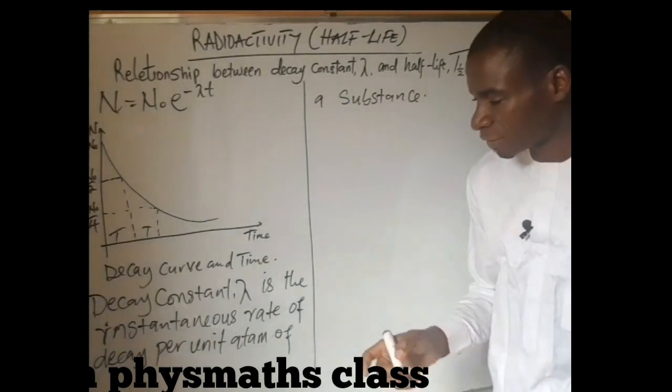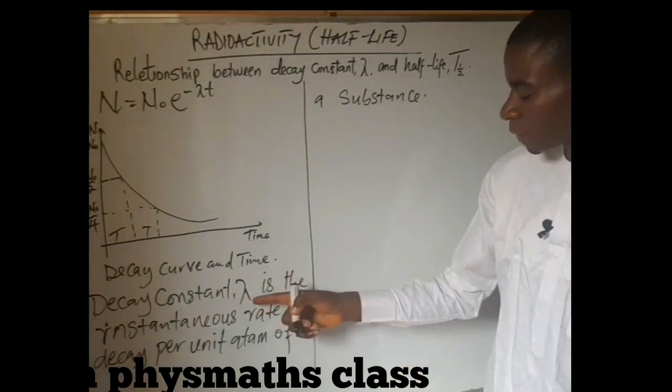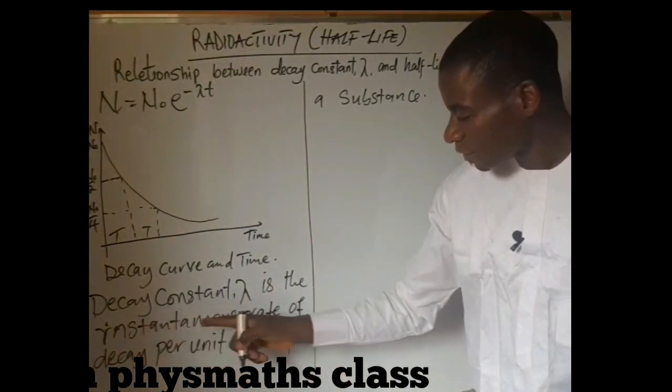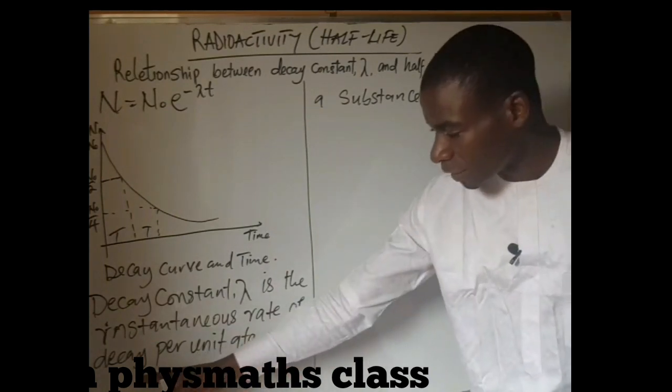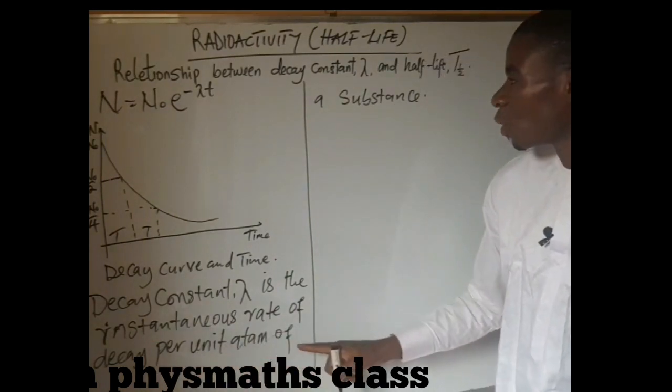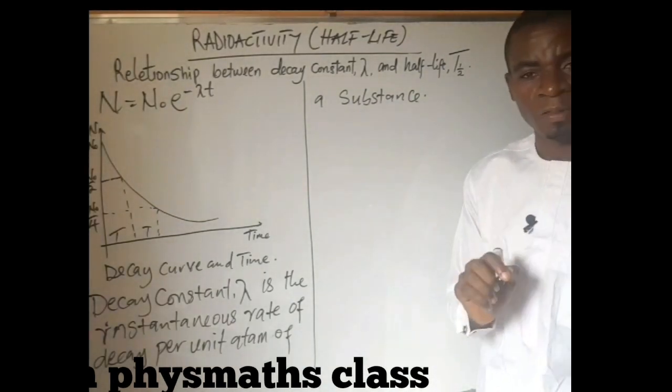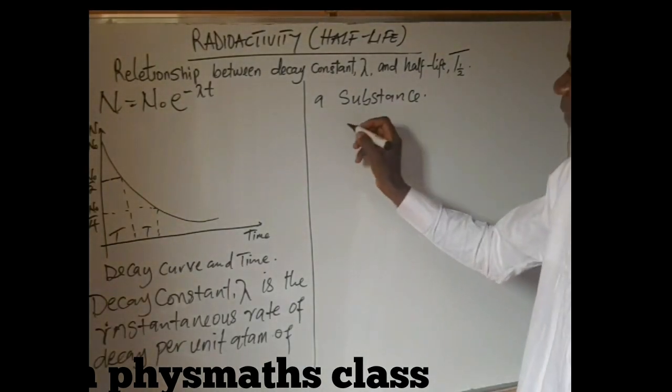A decay constant, which is represented by lambda, is the instantaneous rate of decay per unit atom of a substance. That is decay constant.